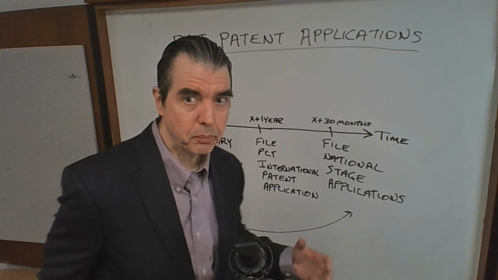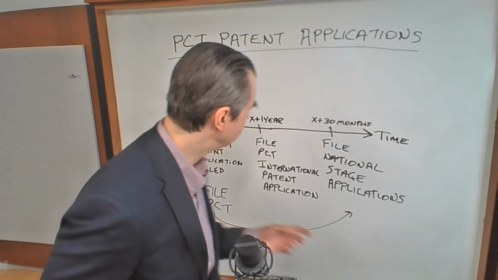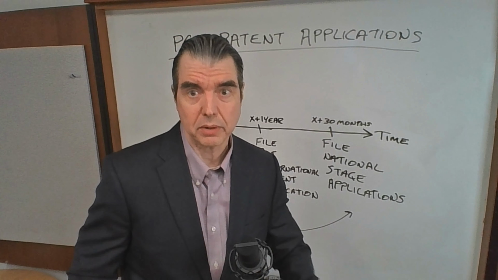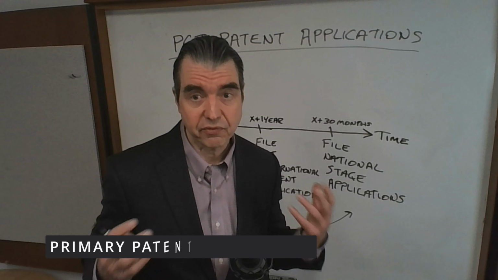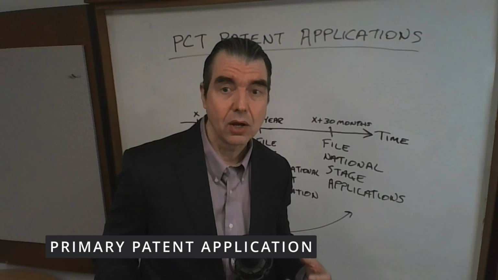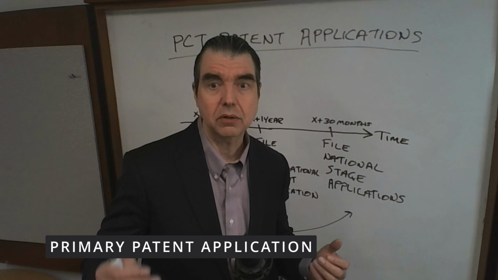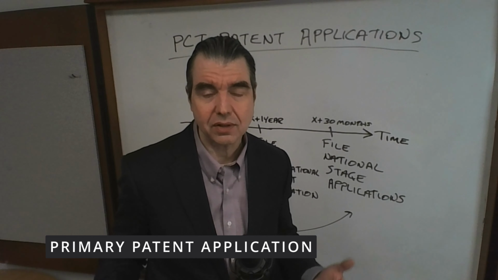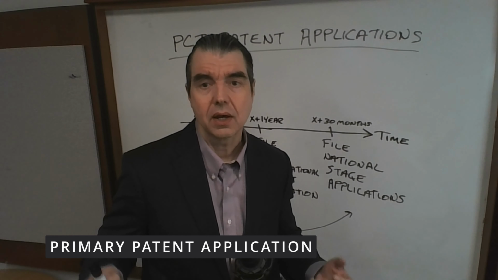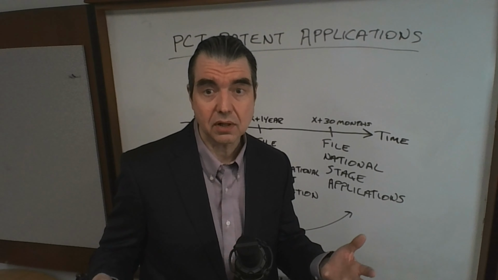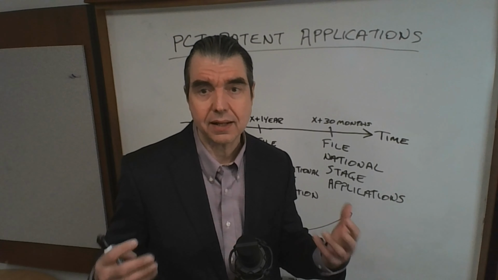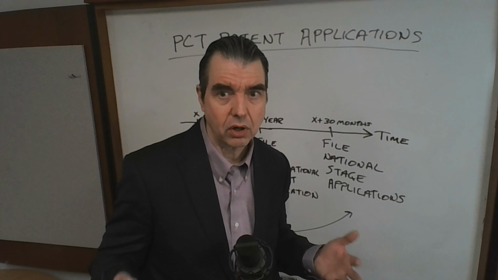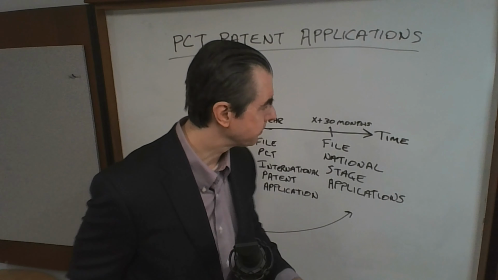So the main point is, this is why I'm calling the first patent application a primary patent application, because it's the first patent application, and where it gets filed is going to depend on your country of residence. If you're a United States citizen, you're going to file it in the United States. If you're a citizen of another country and you've invented in that country, you're going to file in the patent office of your country, most likely initially.